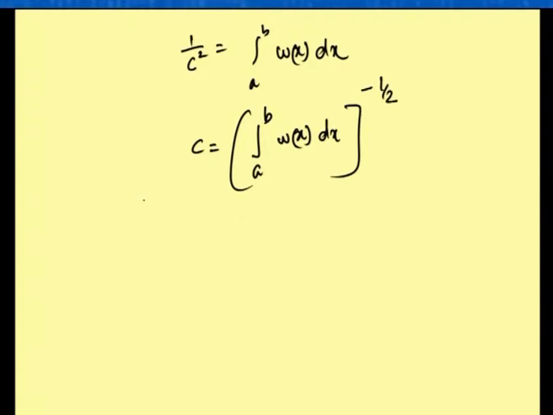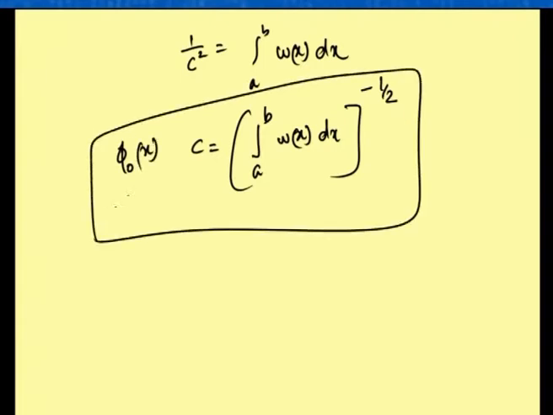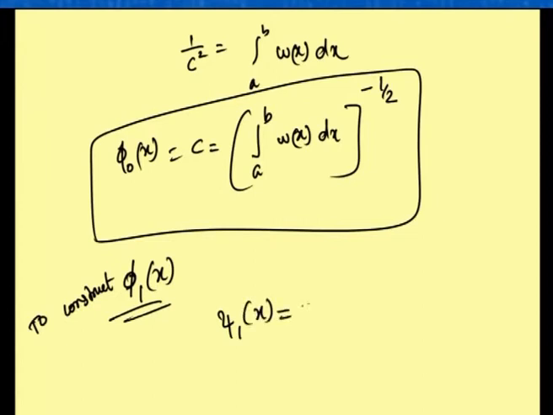And this is how phi naught of x is constructed. Next you construct phi 1 of x. To construct phi n of x, begin with psi 1 of x. Psi 1 of x is equal to x plus a 1 comma 0 phi naught of x.